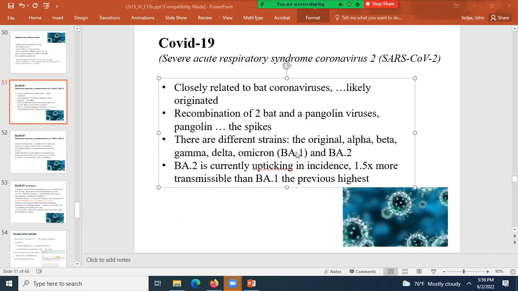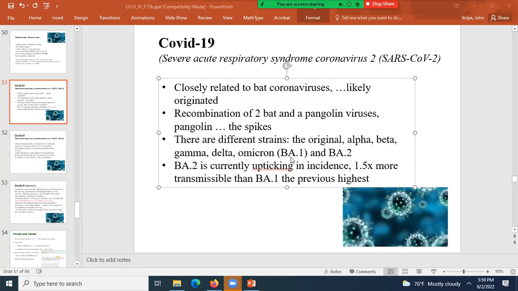But BA1 or Omicron was less severe, but people weren't taking precautions. So a lot more people got infected with BA1 than they did with Delta. And then Delta also had a much longer duration than BA1. This one came and went quickly, but a lot more people got BA1.